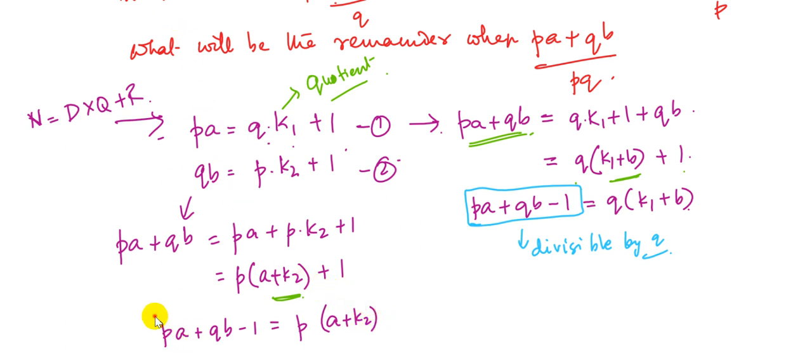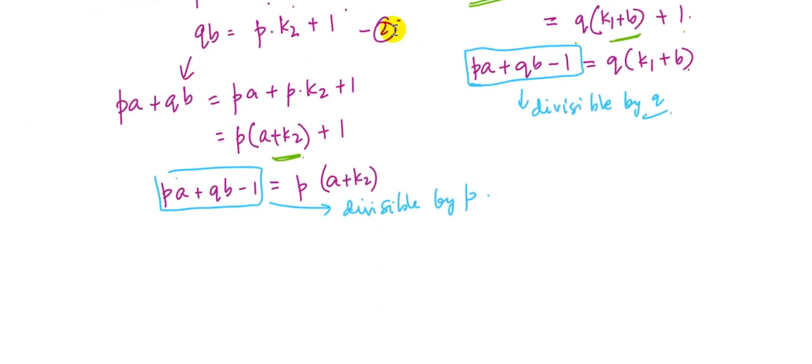Now this means that this number is also divisible by P. So if a number is divisible by two different integers, then it should be divisible by the LCM of the two integers.